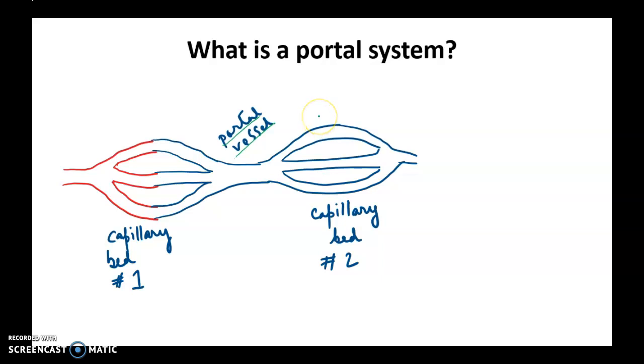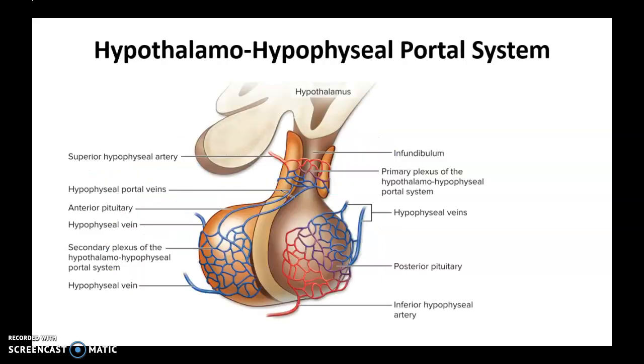One that we will study right now is called the hypothalamo-hypophyseal portal system. The second one is in the kidney. And the third one is the hepatic portal system of the liver. So there are 3 portal systems in the body, and we will look at one today.